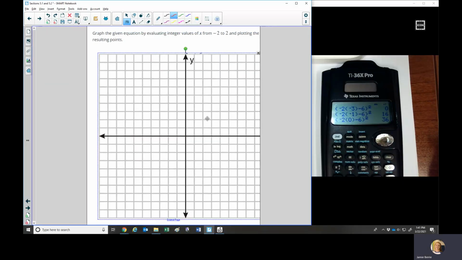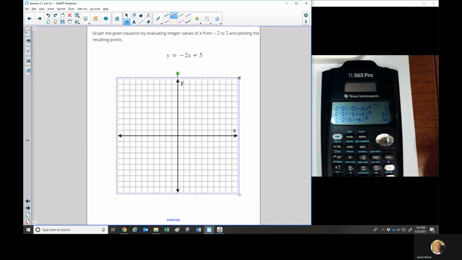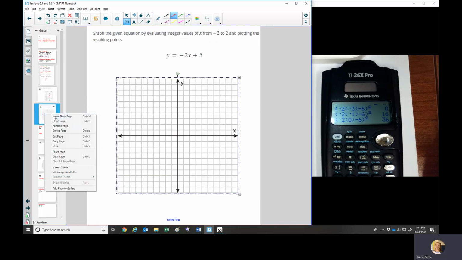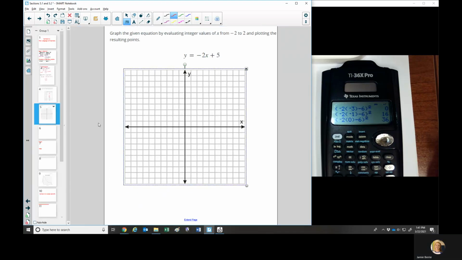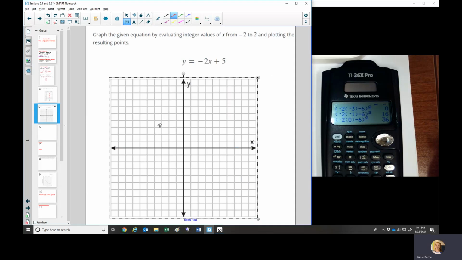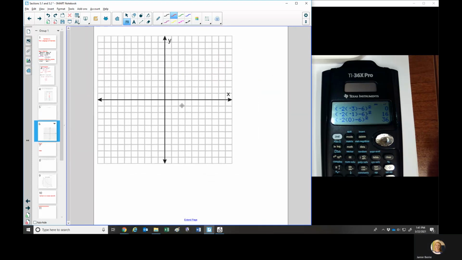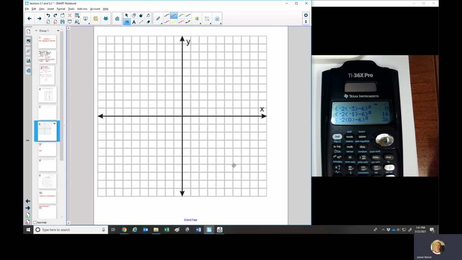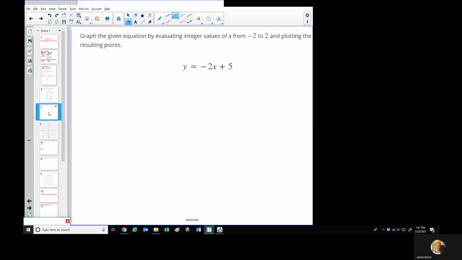All right, so we'll just put this on here for when we go to graph this in a minute. We actually might just put that on the next page. All right, that's better. Sorry, guys, I should have done that before I started.